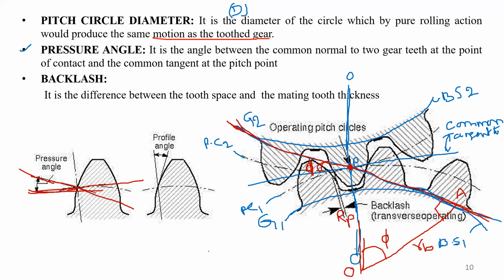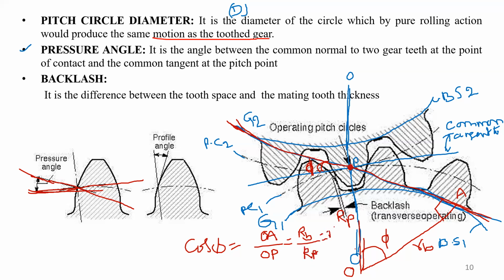From this triangle, you can write cos phi. Cos phi is equal to OA, which forms the adjacent side, and OP forms the hypotenuse. So OA by OP. OA is the radius of the base circle, divided by OP, the radius of the pitch circle.